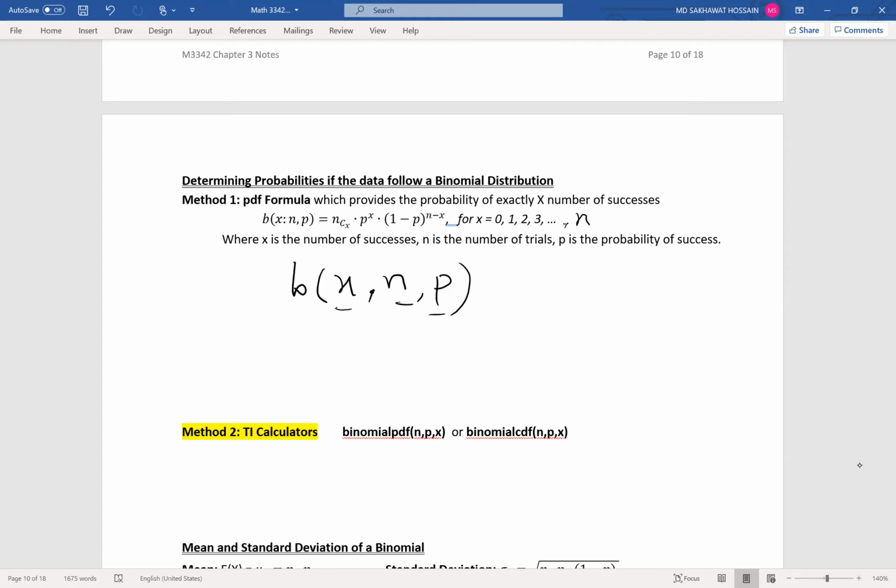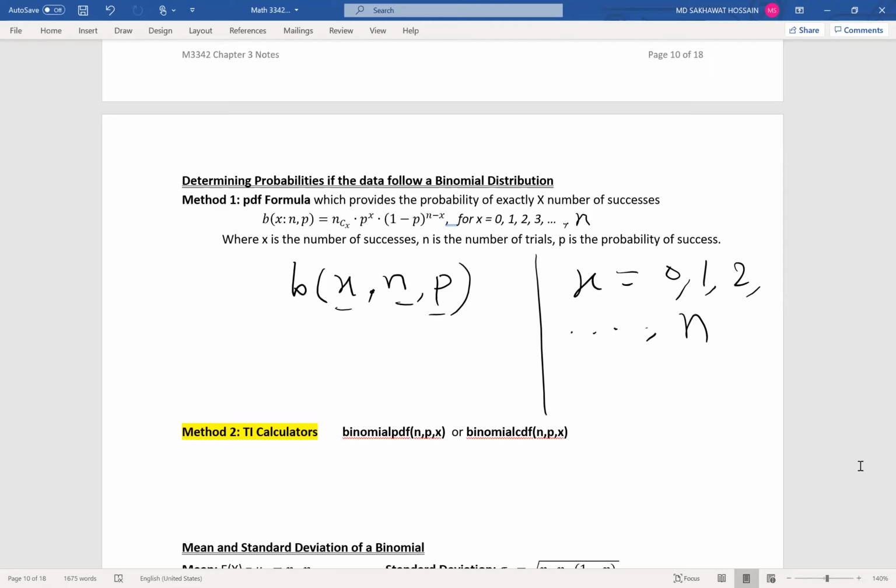So the possible values for X will be 0 to N, if N is the total number of trials, because in N trials you can have 0 successes, 1 success, 2 successes, up to a maximum of N successes.